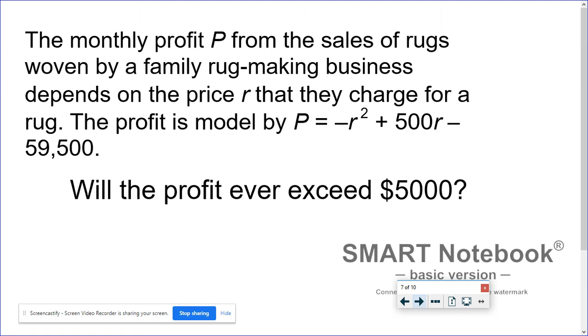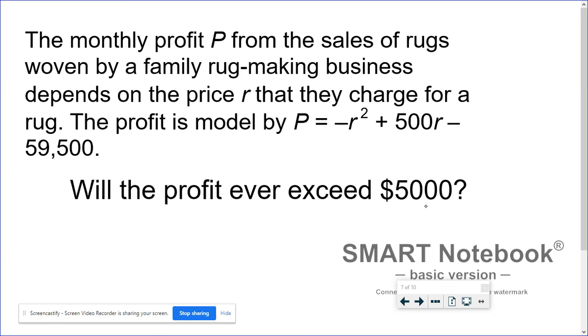If you set a price too low, you might sell a lot, but you're not making enough per transaction, so you're not going to make as much profit as possible. You set the price too high, no one's going to want to buy the thing. There's some price in the middle that is your ideal price. So that's why a quadratic model makes sense for this as opposed to a linear model.